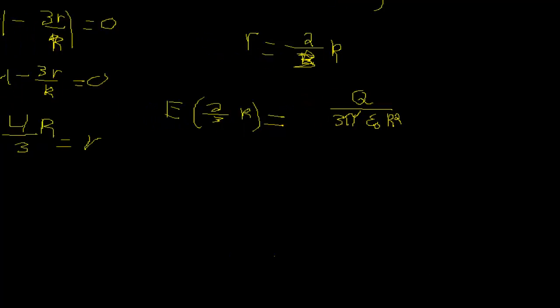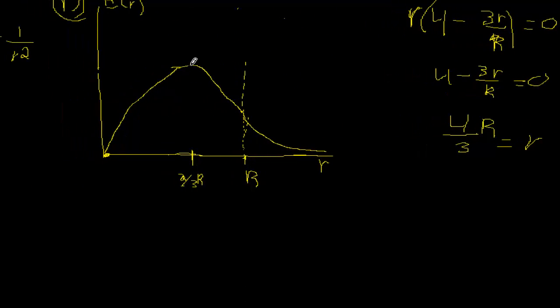And of course, just to recap one more time, that is the maximum value of this function right there, which we just found to be q divided by 3 pi epsilon naught times big R squared.